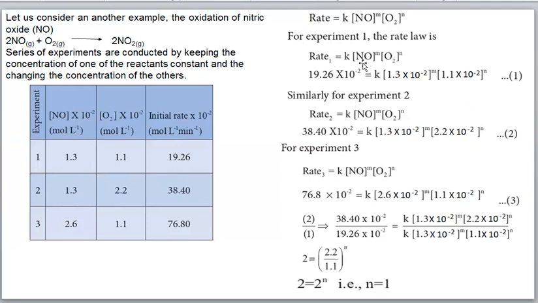19.26 into 10 to the power minus 2 equal to k into nitric oxide concentration, this value 1.3 into 10 to the power minus 2, and oxygen concentration 1.1 into 10 to the power minus 2, written here. Okay.